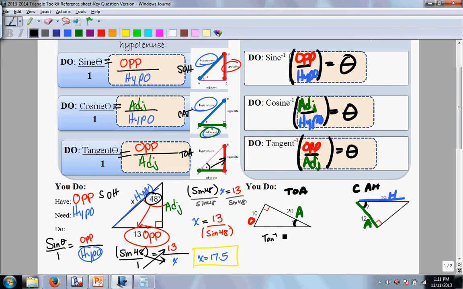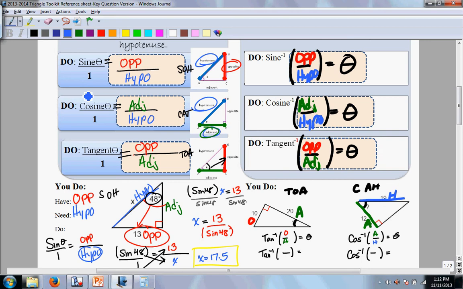So you write inverse tan and inverse cosine. Here, inverse tangent, opposite over adjacent, equals theta. Here, inverse cosine, adjacent over hypo, equals theta.